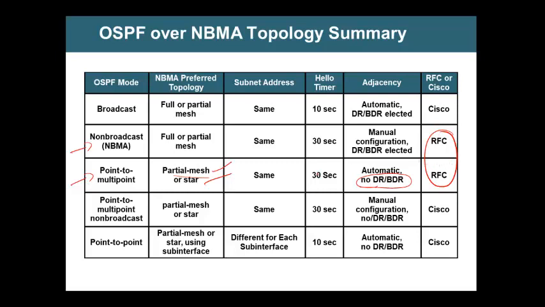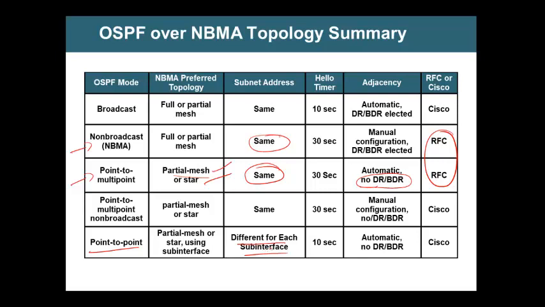In both, the neighbors need to negotiate from the same subnet. Only in point to point, each neighbor will be in a different subnet, so you will be using sub-interfaces on the hub router, which you might have seen in the video.